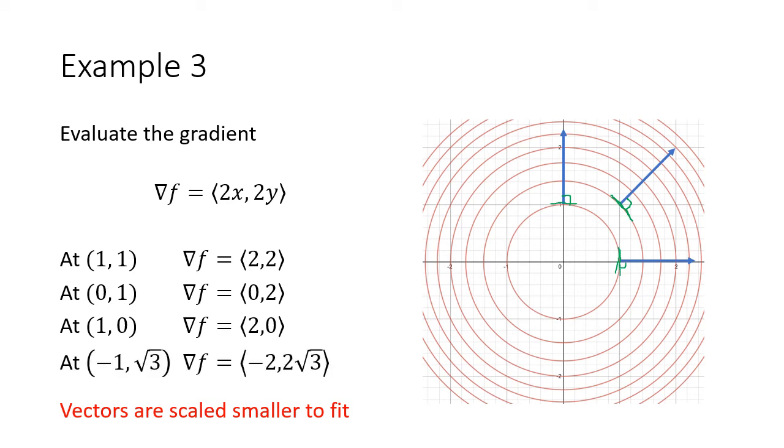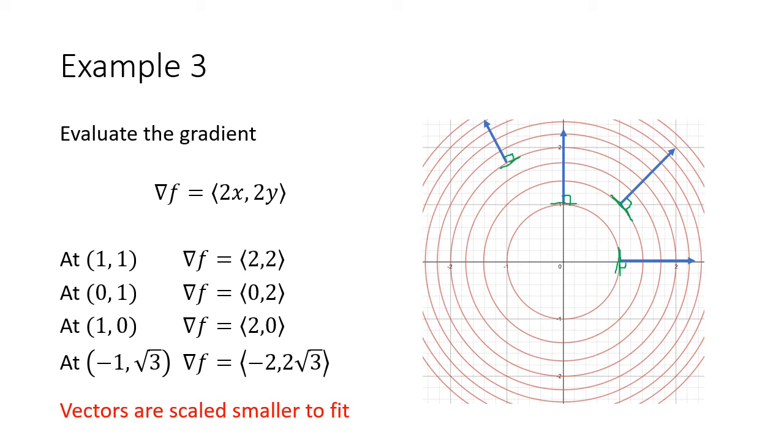And lastly, if I plug in the point -1, root 3, my gradient vector is -2, 2 root 3, which again is going to be pointing away at a right angle to my level curve and orthogonal to my tangent at that point.